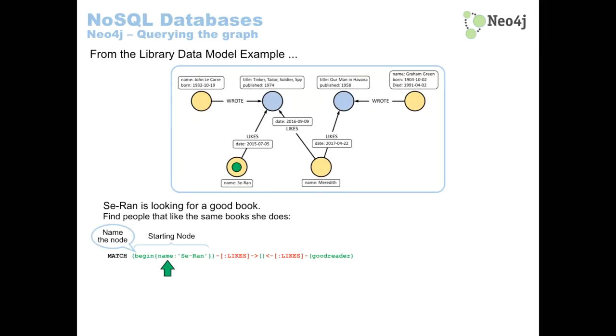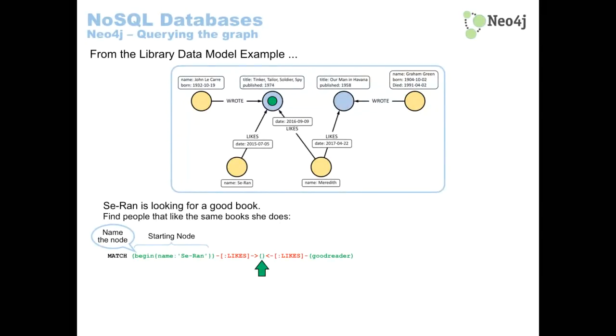So we start here, and if you follow along on the graph above, you can see this is our starting point. From that point, we follow the link likes, and that takes us up to this node. Now from that point, we follow this link in the reverse direction. So you can follow a link either way.